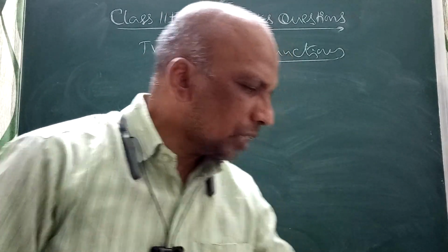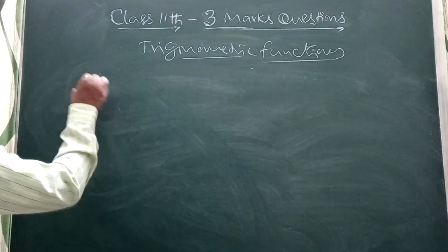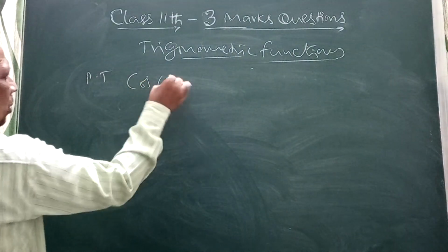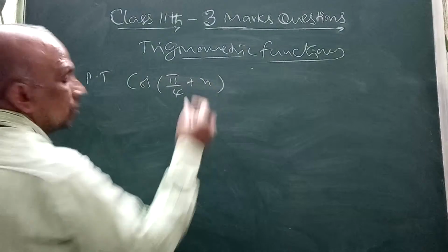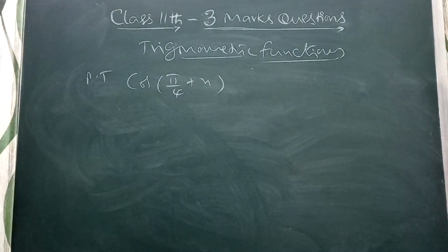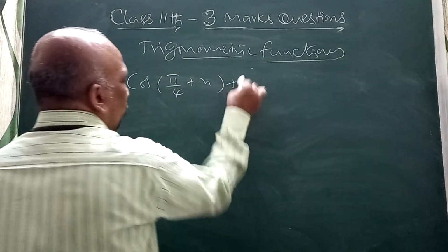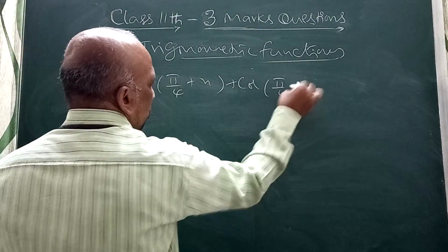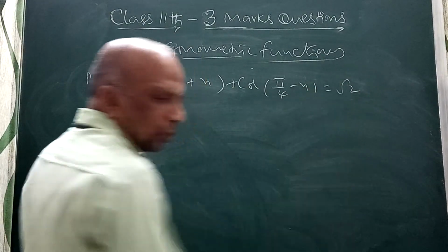Prove that cos of pi by 4 plus x plus cos of pi by 4 minus x equals root 2 cos x.